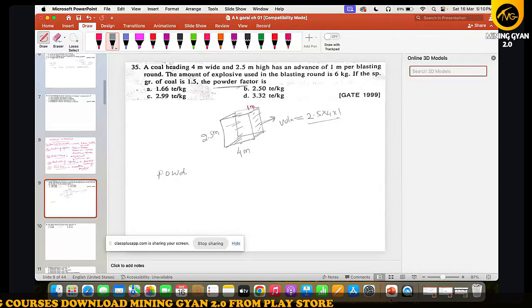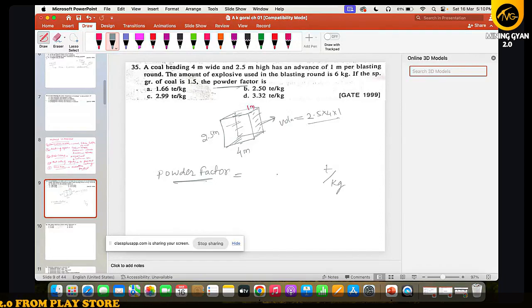So everybody should remember the powder factor formula, because it is important here. Powder factor will come in ton by kg. What is the formula? Coal production divided by explosive required.